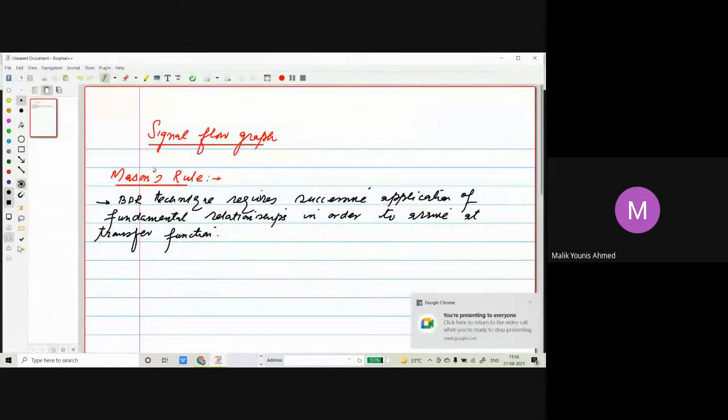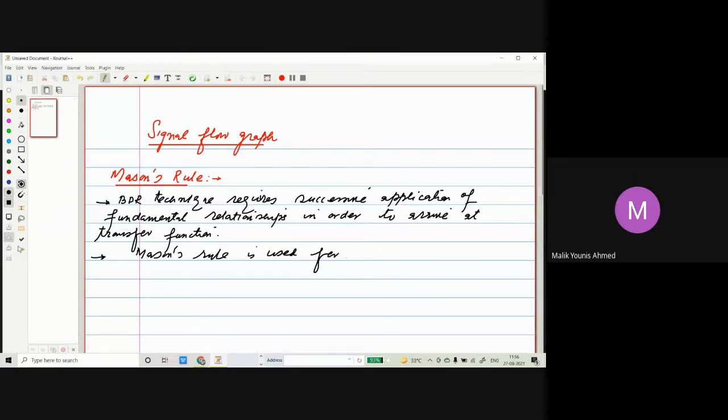Now next, what we are going to do today is, on the other hand, Mason's rule for reducing a signal flow graph to a single transfer function.